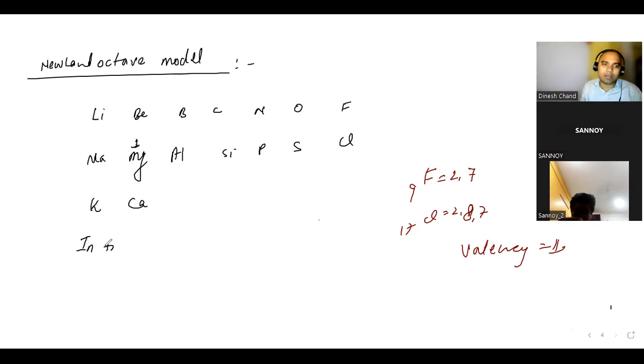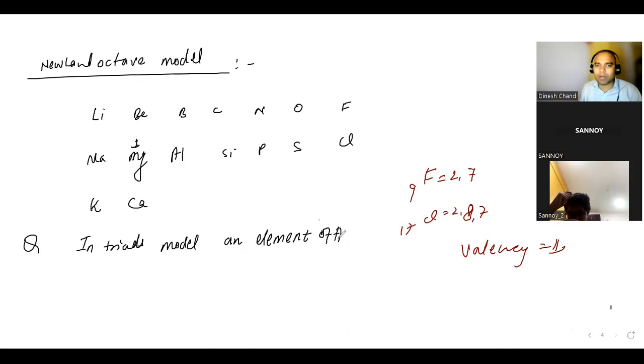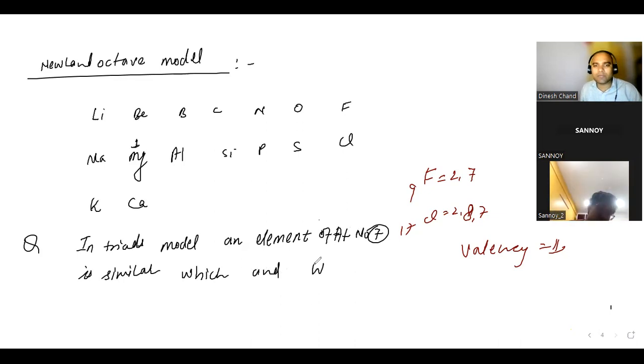They are saying in Triads model, this is the question: in Triads model, an element of atomic number 7 is similar to which element, and what is the formula of its two halides?